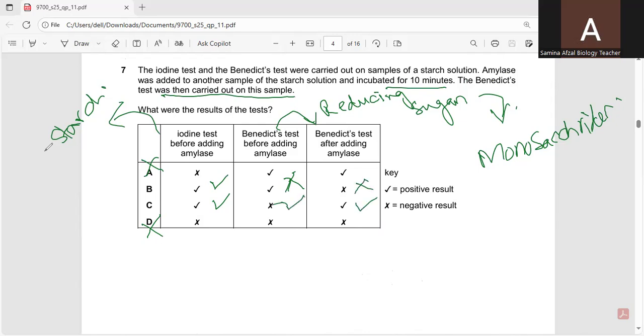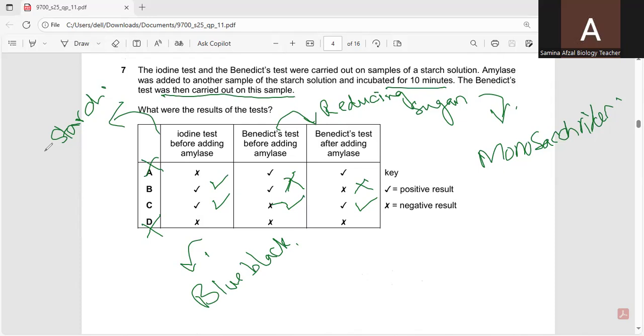Let me explain again. When we add iodine into starch solution, it will change into blue black, which shows that starch is present. Then we add amylase and perform the test.